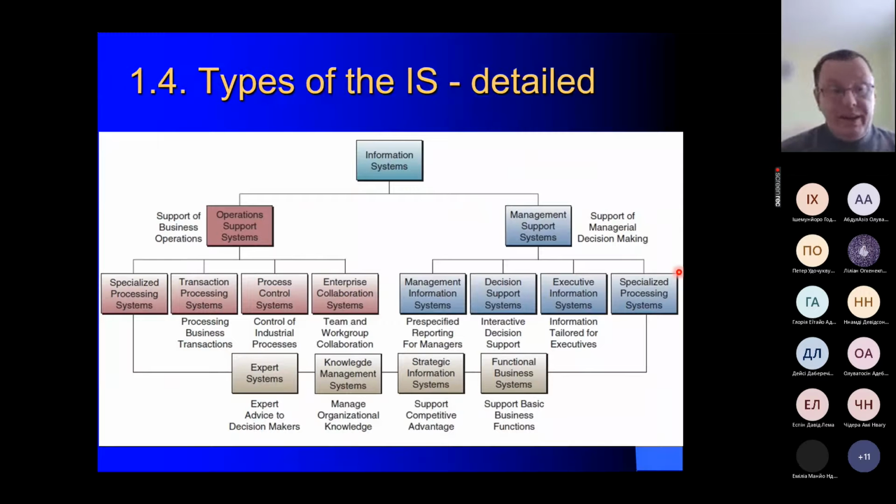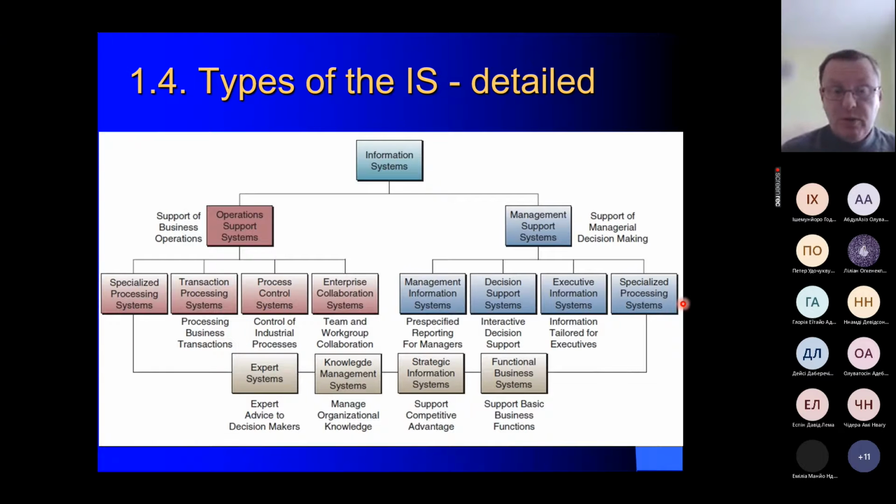Finally, we can provide extended types of information system depending on what you concentrate on, support of business operation or support of decision making, and we can even extend with more classes and subtypes of information systems.